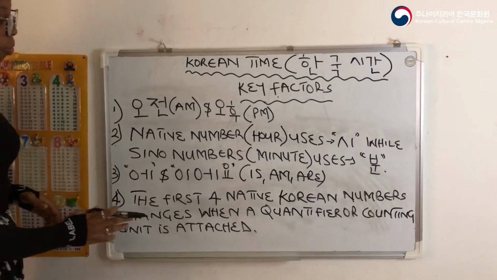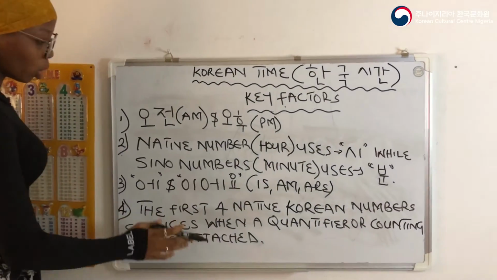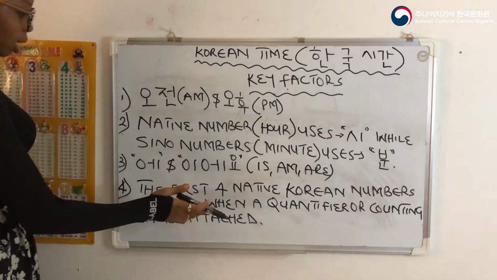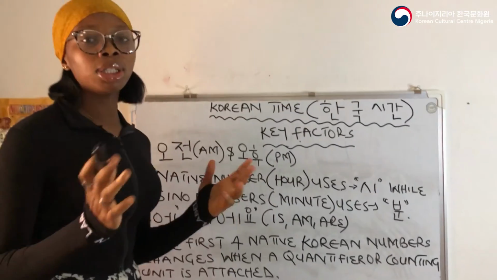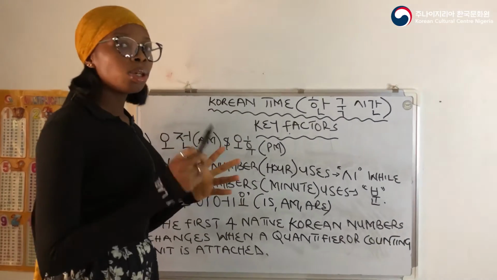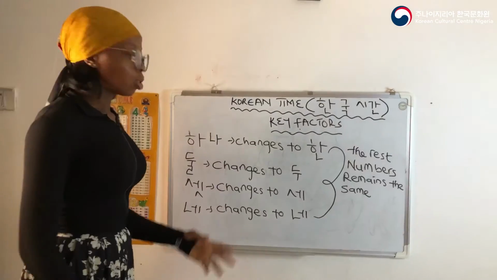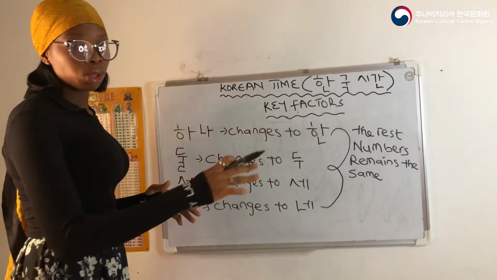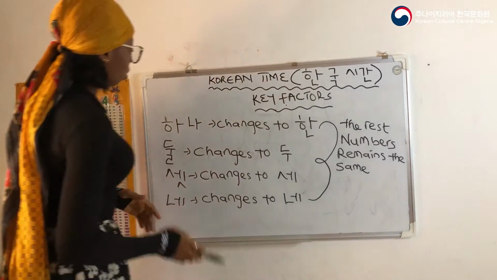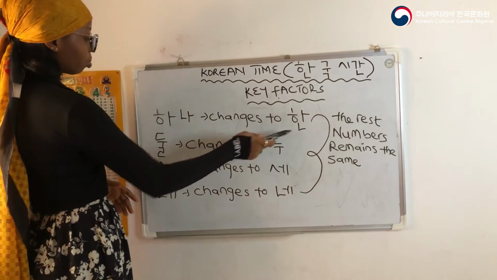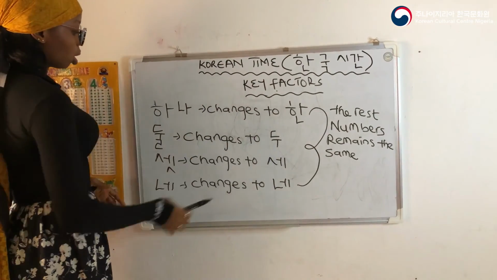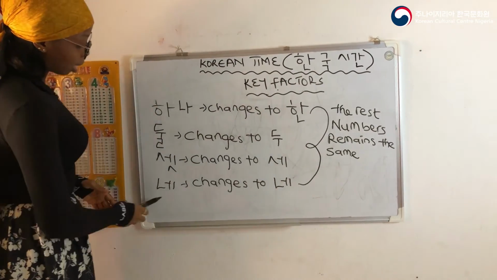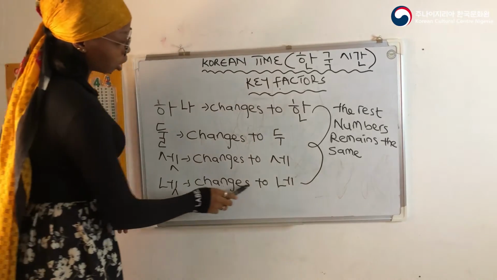Now, lastly, the first four native Korean numbers change when a quantifier or a counting unit is attached. Now, the first four native Korean numbers, which are Hana, Dul, Set, Net, change. So here is what I mean. Hana changes to Han, Dul changes to Du, Set changes to Se, and Net changes to Ne.